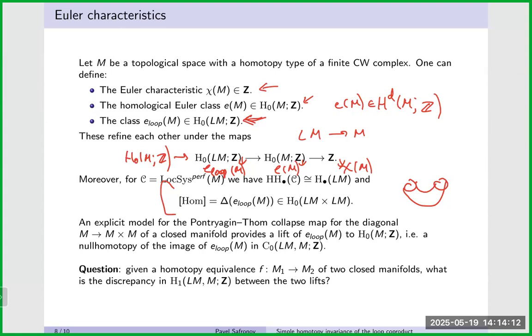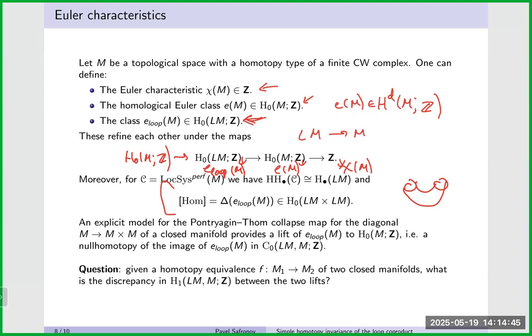And you want to know that this homology class, which lives on the loop space, is actually concentrated only on constant loops. Now you can ask about the vanishing of homology. That's just a property. But for what I'm talking about, you need to find a null homotopy. So you need to find this lift on the level of chains.